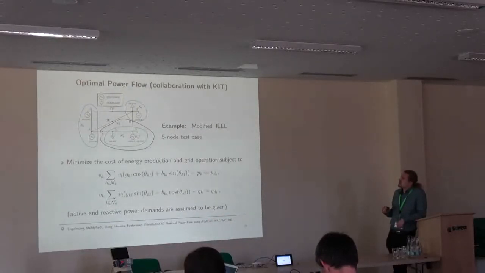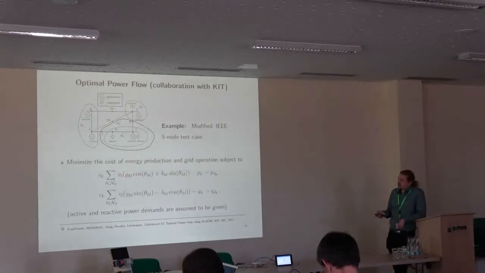So here we have a consumer network, and there are generators and consumers in this electrical grid. What we would like to do is minimize the cost of the energy production and grid operation subject to the so-called power flow equations, which have as optimization variables basically the voltages, but we see here there's a product of these voltages.